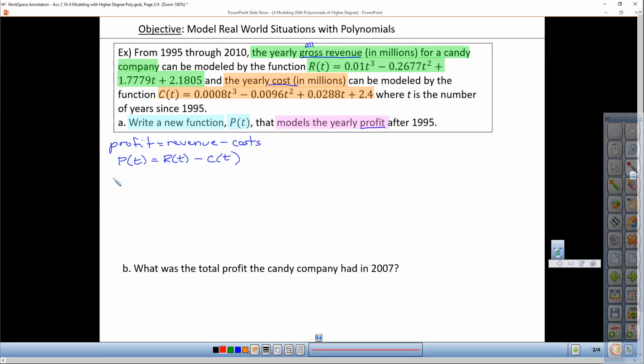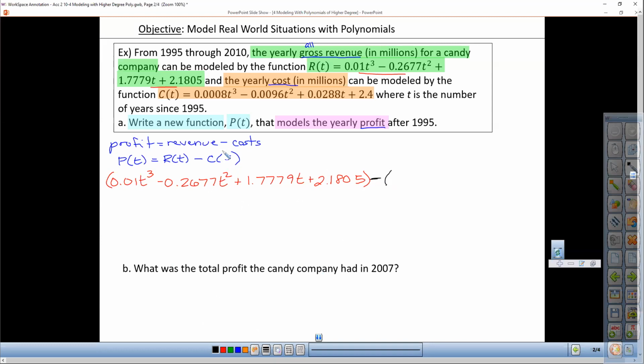So I'm starting with r, which is 0.01 t to the third power minus 0.2677 t squared plus 1.7779 t plus 2.1805. And now I'm going to subtract from that. I guess I should technically put parentheses around this like we did in the previous lesson, but those parentheses won't matter. The parentheses after, in the second one, are going to matter.